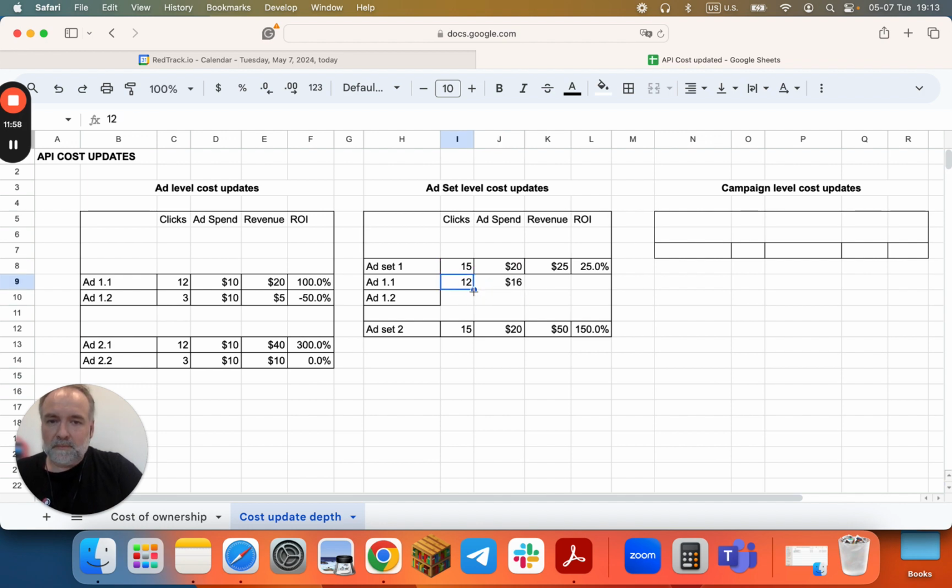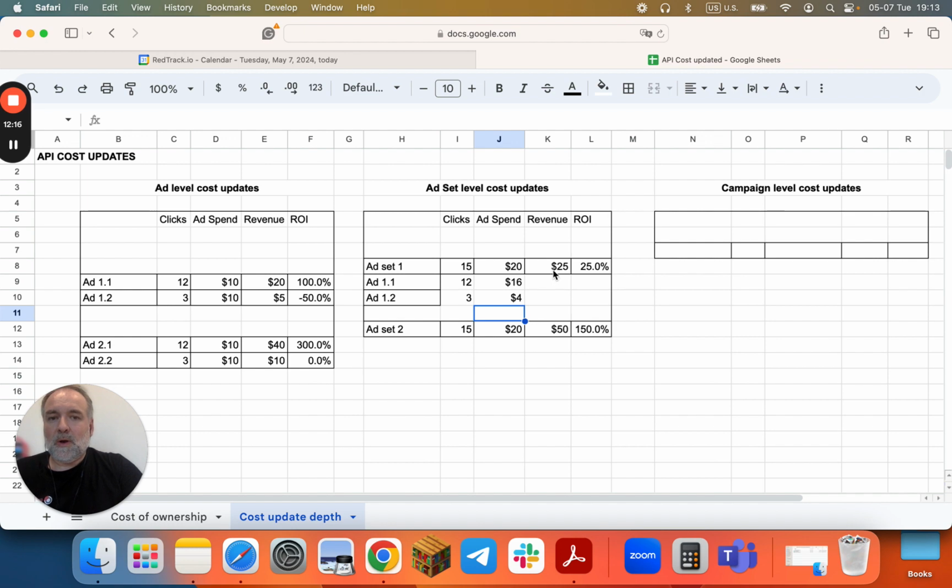And this one, 3, will again be 20 divided by the total number of clicks, multiplied by 3.